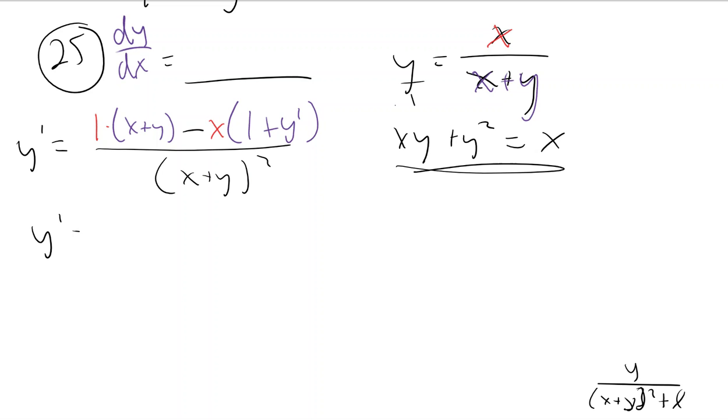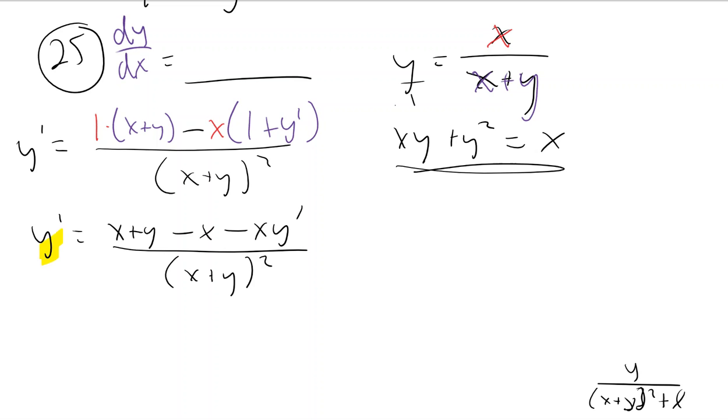But it looks pretty messy here. So we could distribute this 1, and we could distribute this negative x. Now, if we are trying to solve for y prime, one thing that's a little different about this question is I've got a y prime over here, which is usually good news, but I've also got a y prime over here.